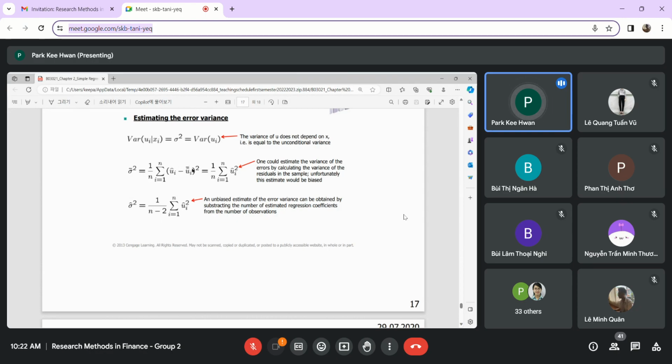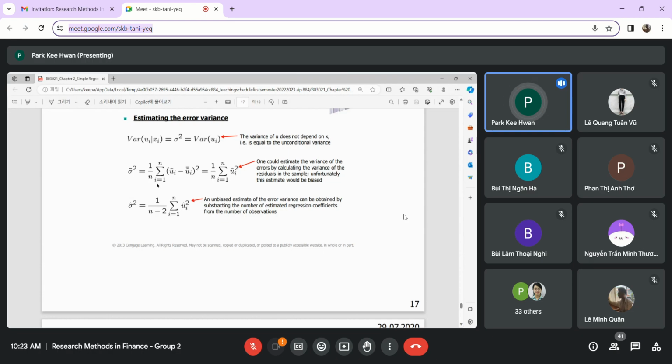Usually the expression for the variance is you add up the squared deviation of ui hat from the mean of the ui, then you divide by the number of observations. That's the way we derive the variance. But in this case, we have to be a little bit careful.